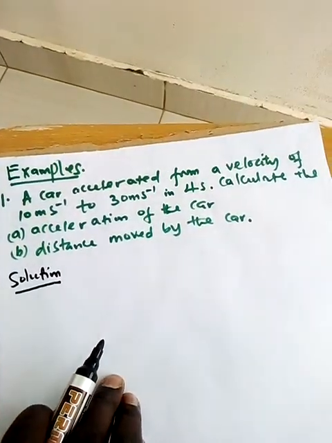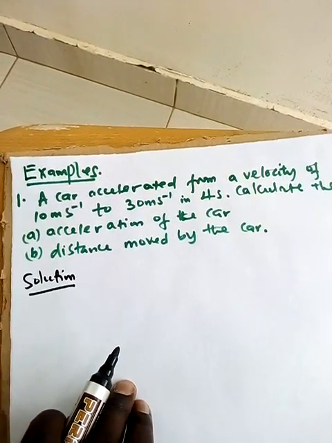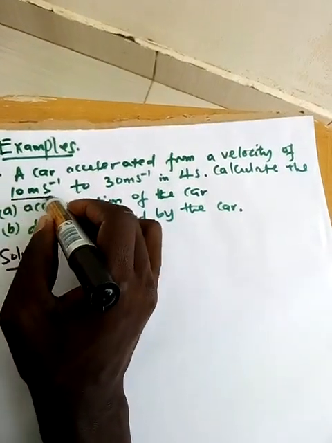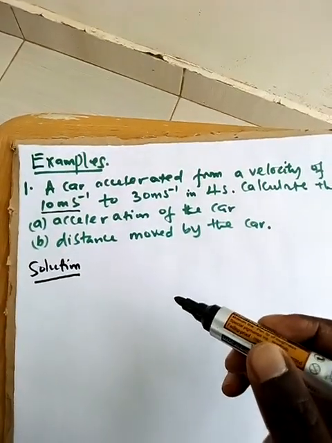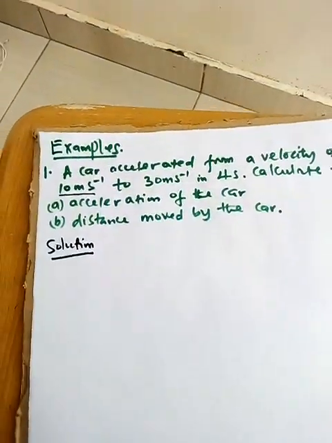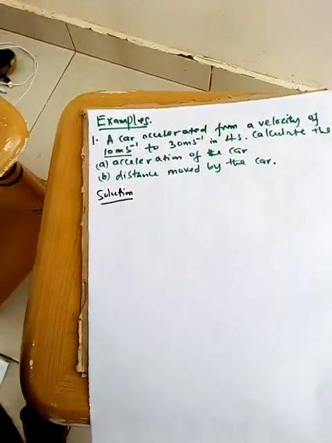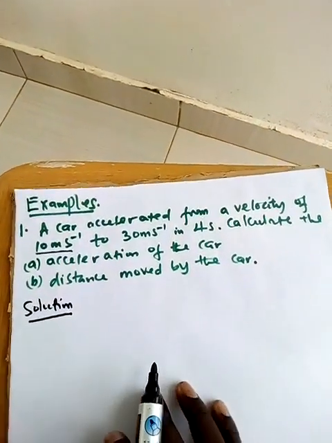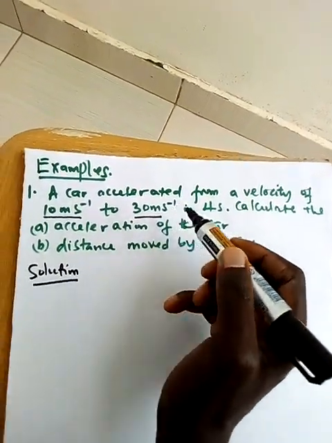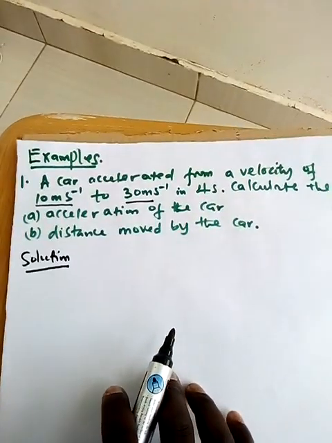They say the car is accelerated from a velocity of 10 meters per second to 30 meters per second. The velocity with which you start to observe the motion is the initial velocity, and the velocity with which you stop to observe the motion is your final velocity.